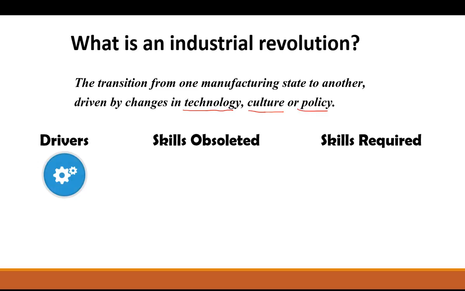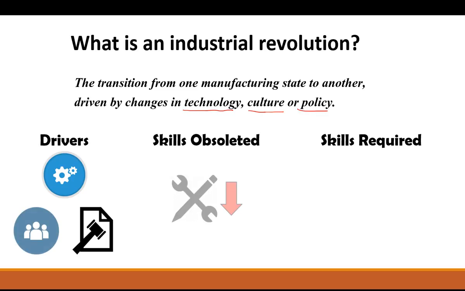So you represent that as the technology that was one of the drivers, culture, and then some of the policies. They either had skills that got obsoleted because what was going on in the revolution made it so that these skills no longer were required: labor saving devices, safety requirements, quality requirements, certain types of things were no longer required or being diminished.